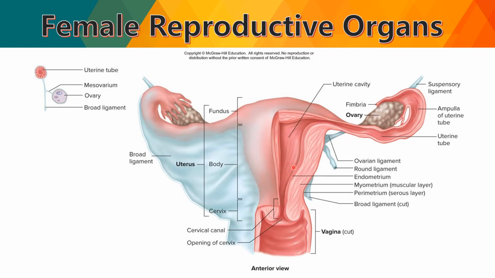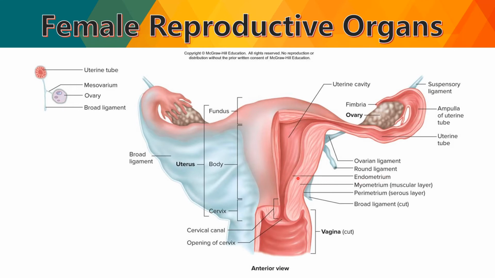If you open this up, it would show you here naman the fimbria, wherein the ovary opens to it, and then the suspensory ligament that suspends the fallopian tube, and then the ampulla of the uterine tube itself to the uterine cavity. You also have the ovarian ligament, the round ligament, and then you have the different layers of your uterus.